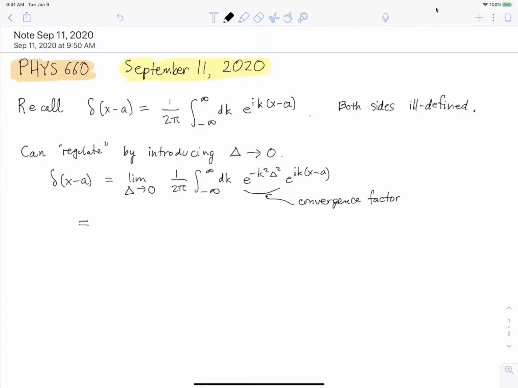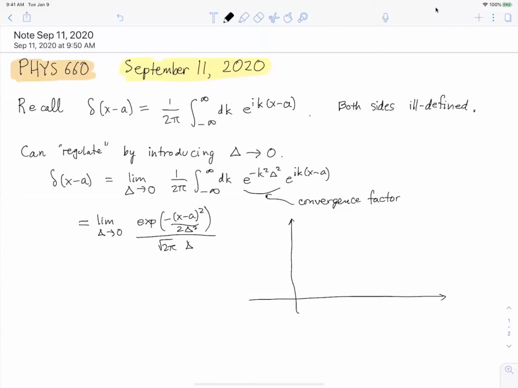It's a finite integral. And so we can think of the delta function as the limit as capital delta goes to 0 of, when you do the whole integral, it turns out to be the following: exponential of minus (x minus a) squared over 2 delta squared, all divided by square root of 2 pi times delta. So if you graph this, this looks like one of the things we talked about last time.